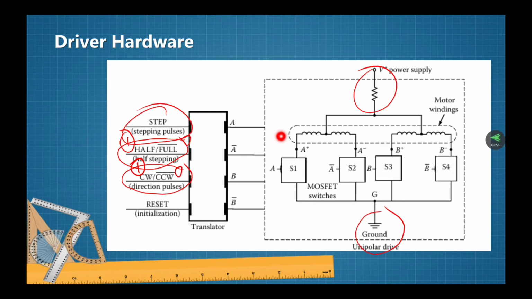And the pin denoted by reset retrieves the signal for initialization of a stepping sequence. There are several other pins which are not necessary for the present discussion.